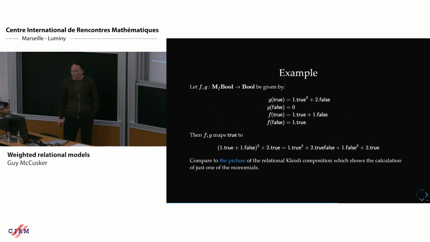Okay, so here are an f and a g that both go from bool to bool, but in this Kleisli category. So they each associate to true and false a power series over the indeterminates true and false. So G is going to do this. For delivering the output true, it's going to ask for either two trues or false twice.